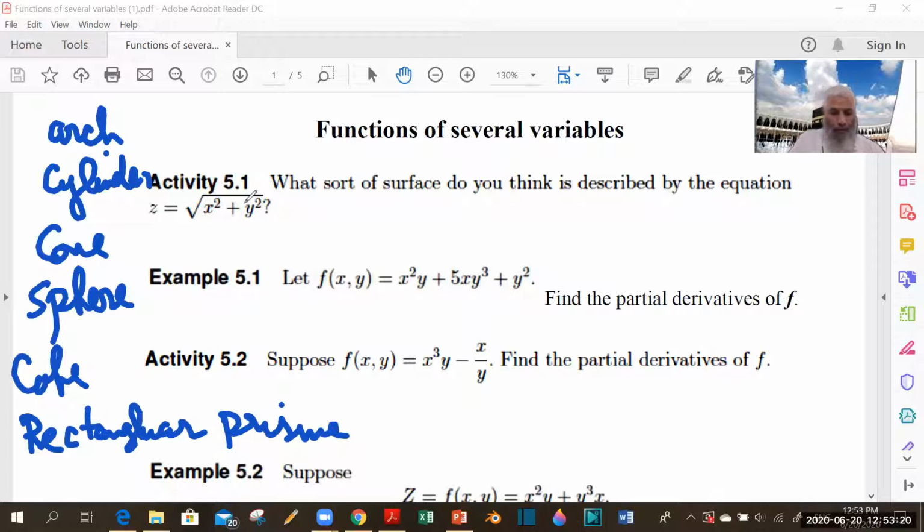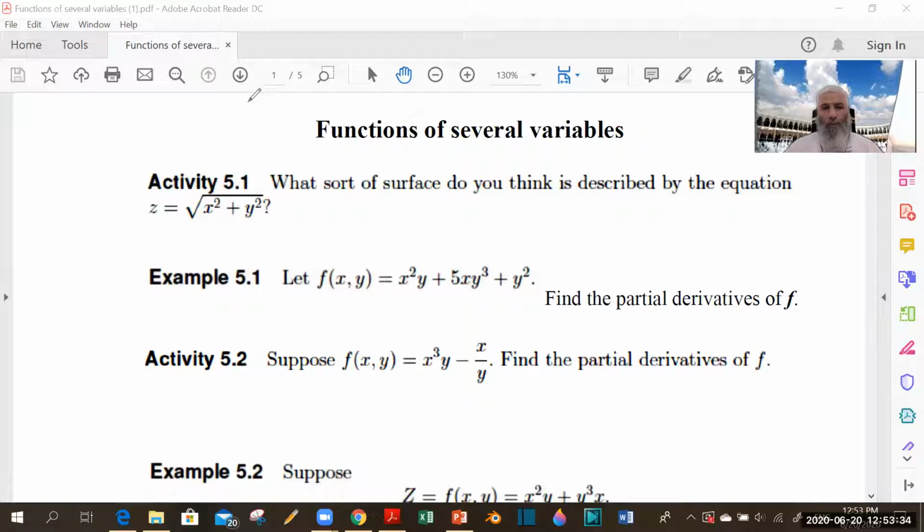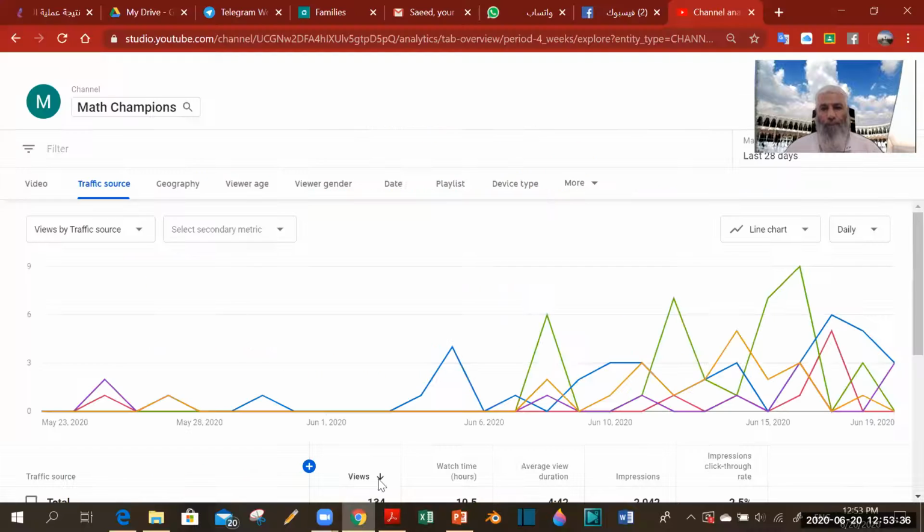So this is z equals root x squared plus y squared.